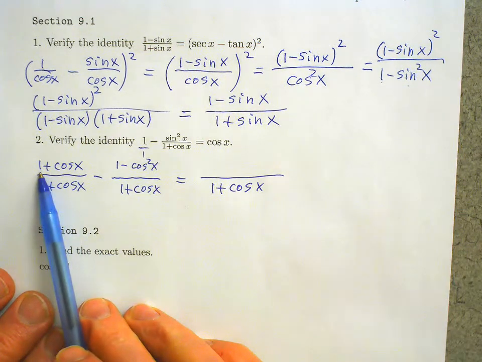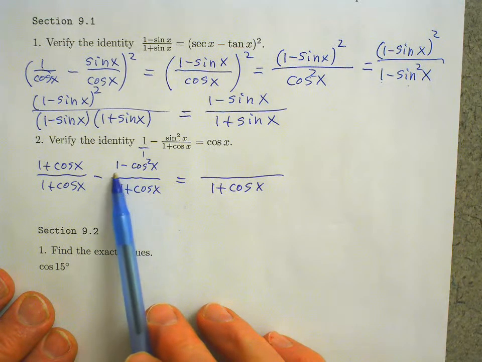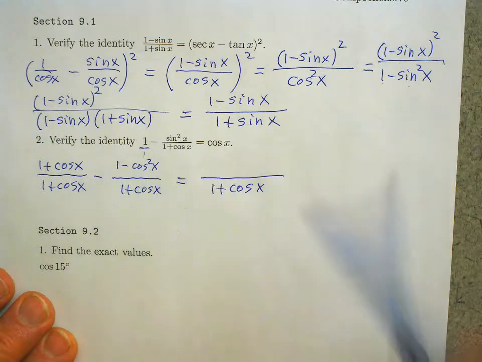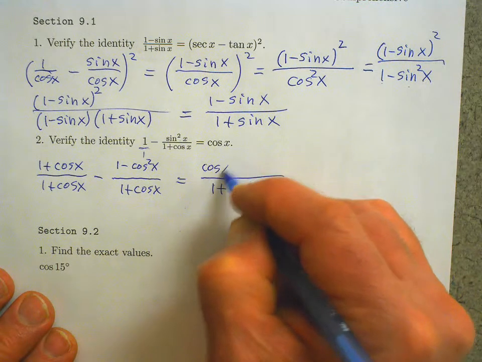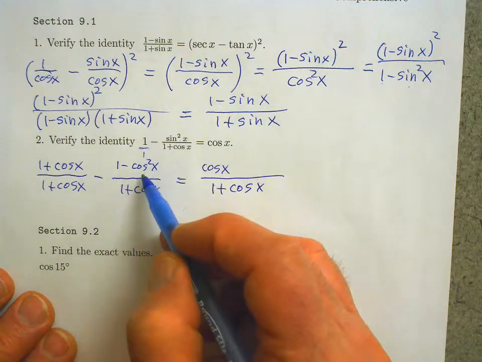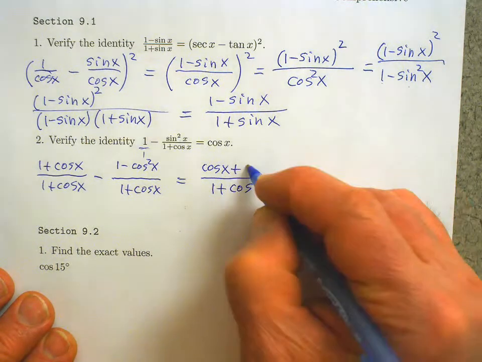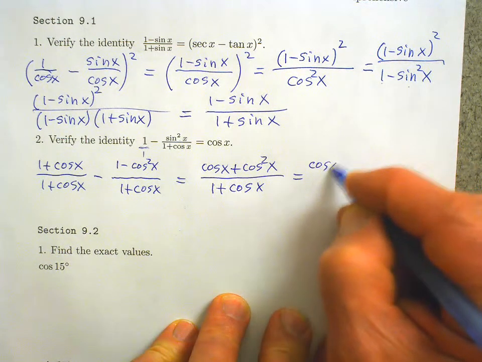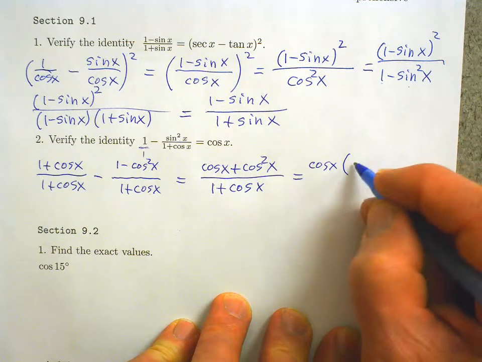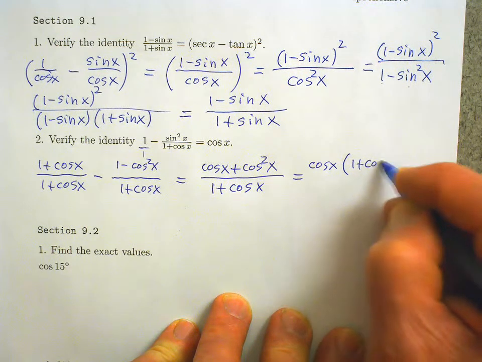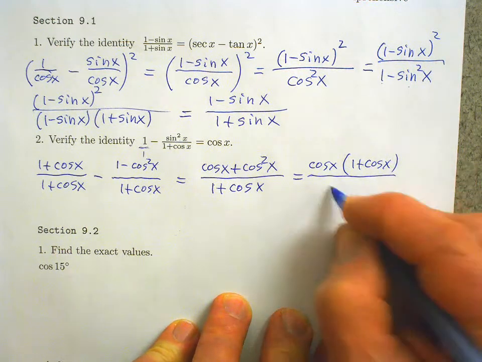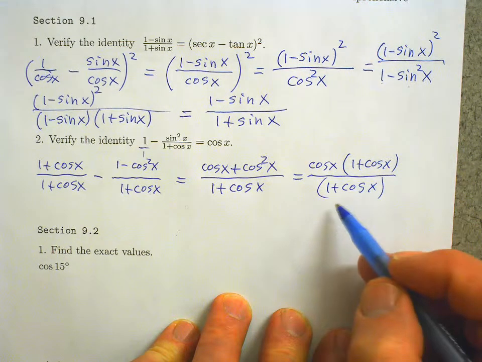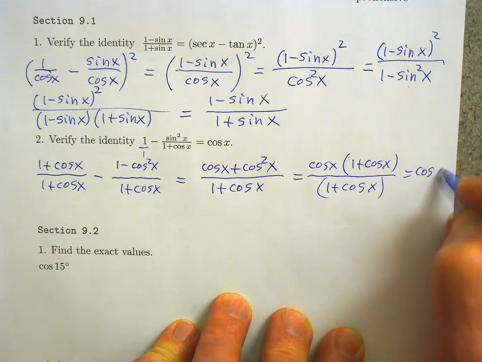So in the numerator, 1 plus cosine of x minus, we have to subtract the entire numerator. So 1 minus 1 is 0. And we have cosine of x minus negative cosine of x squared, which is plus cosine of x squared. And then factor cosine of x out of both terms in the numerator. Cosine of x times the quantity 1 plus cosine of x divided by 1 plus cosine of x. And the 1 plus cosine of x factors cancel. We're just left with cosine of x.